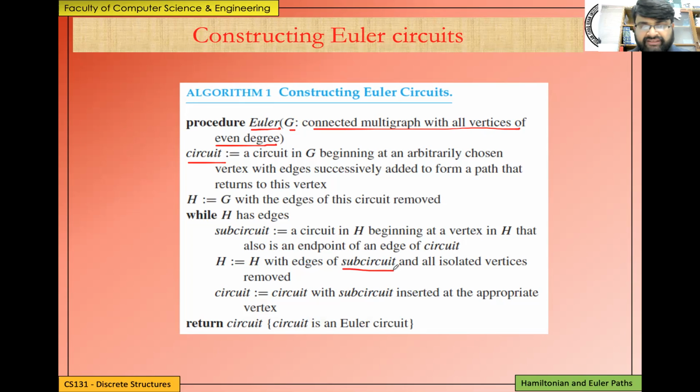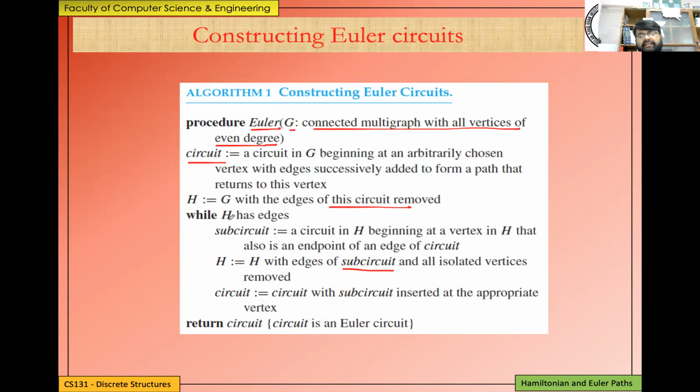As soon as all edges in H are removed, we get a circuit, and the order in which you added your edges gives you the corresponding circuit, the Euler circuit. This algorithm is really simple. First you find a circuit, then remove its edges from H, where H is just a duplicate of G, along with isolated vertices.